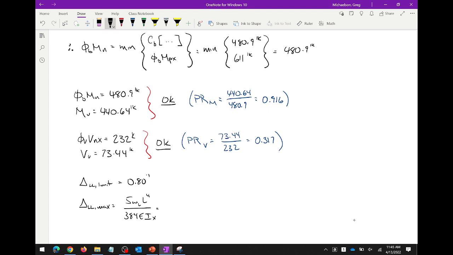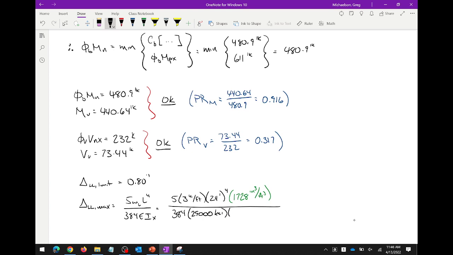So we just say 3 kips per foot, 24 feet raised to the fourth power. Don't forget our lovely unit conversion. 384, 29,000 ksi.